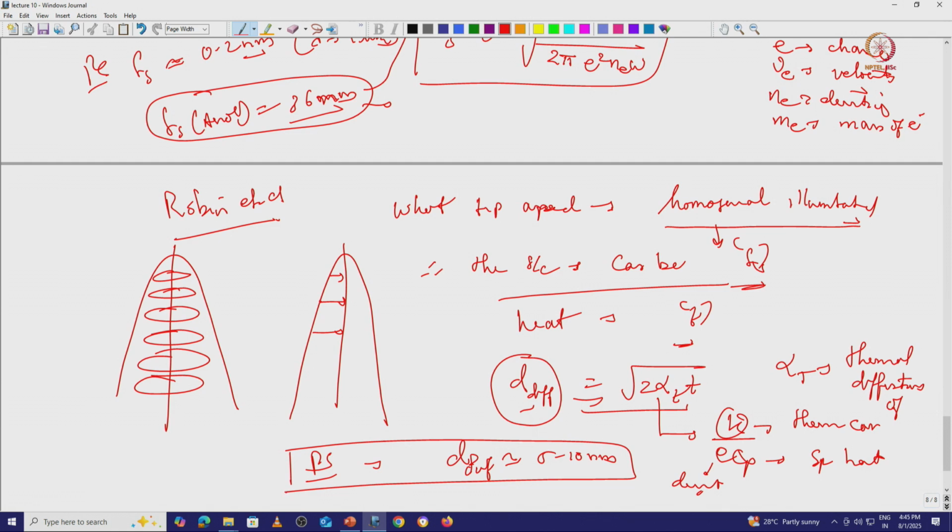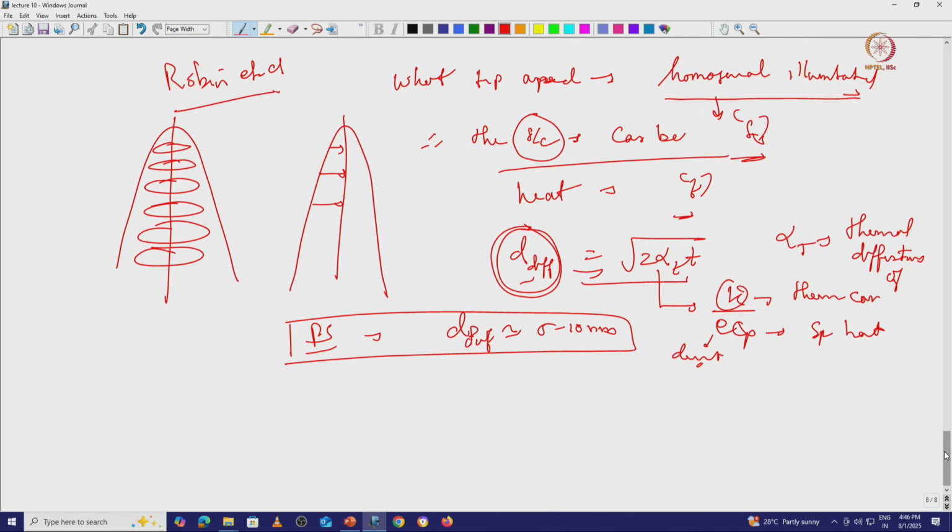Okay, so these are some defined variables, such as the skin depth, the distance over which the heat diffusivity will take place. These are variables which are a function of the tip shape. Now coming to another variable, which is the peak temperature. When you are applying a laser, as your tip absorbs the photon from the laser, the tip temperature increases.